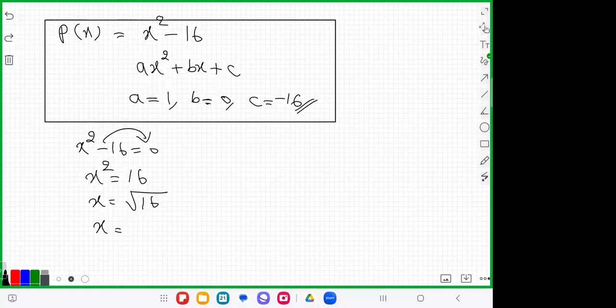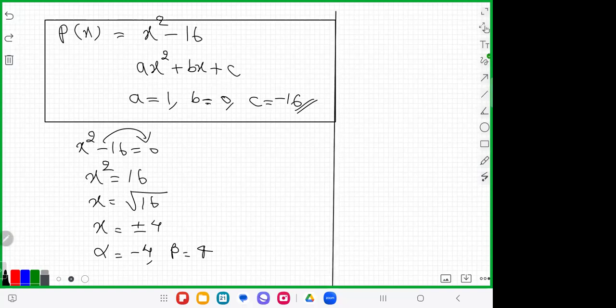Plus or minus 4. That is alpha is equal to negative 4, beta is equal to 4.